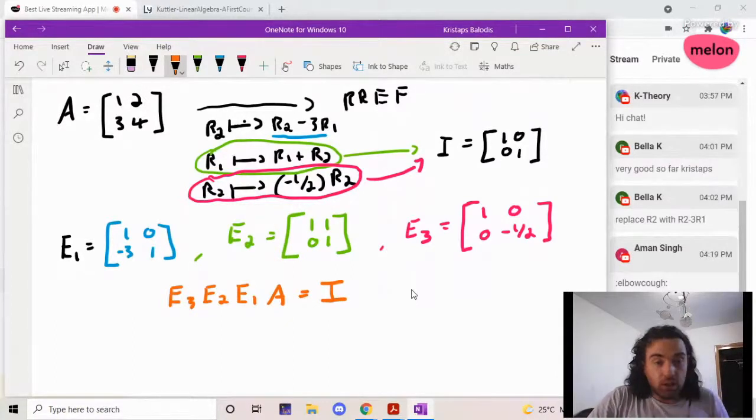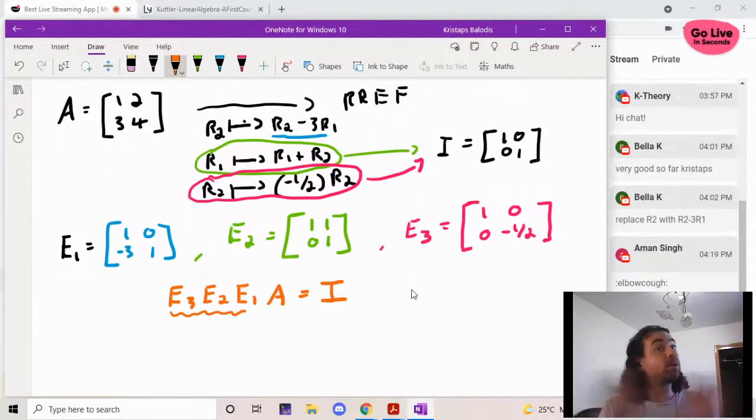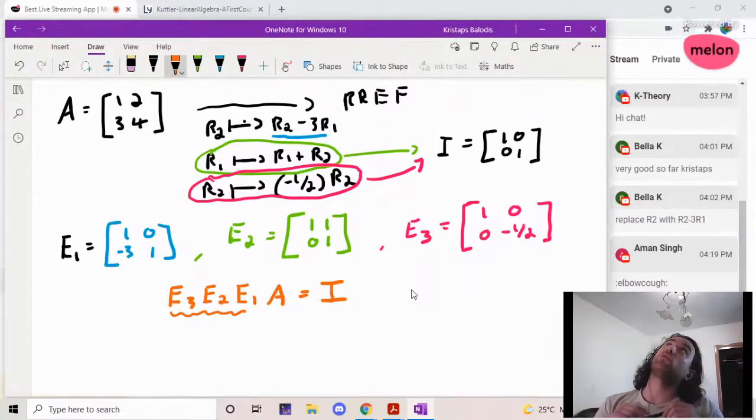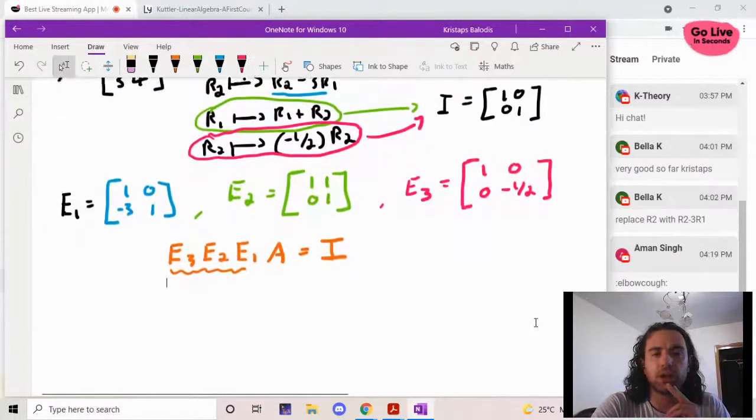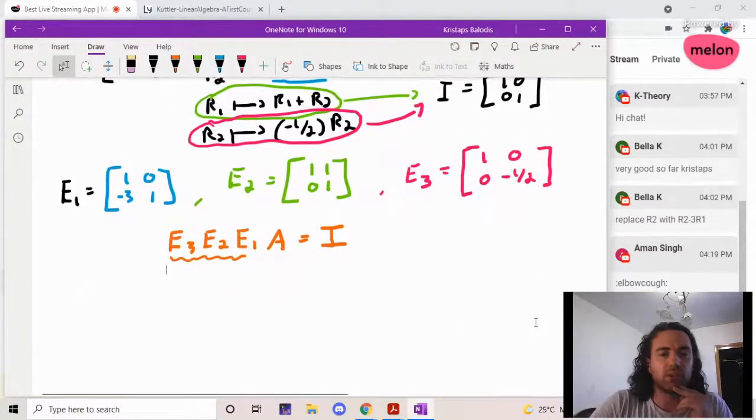You could write A either on the left or the right of the E's, but you can't mix up the order of the E's necessarily. Wait, is that even true? You might be able to mix up the order of the E's. But for now, let's just not, because with matrix multiplication you can't always do it, right?